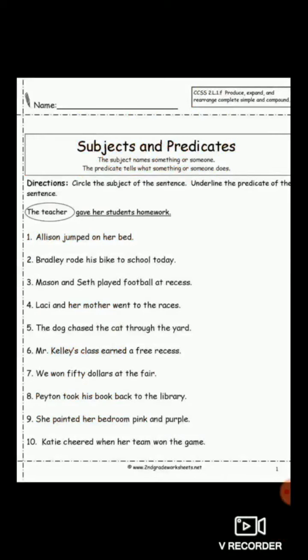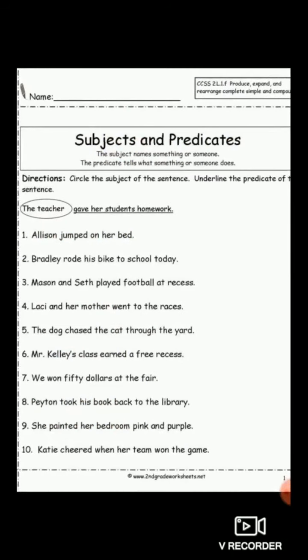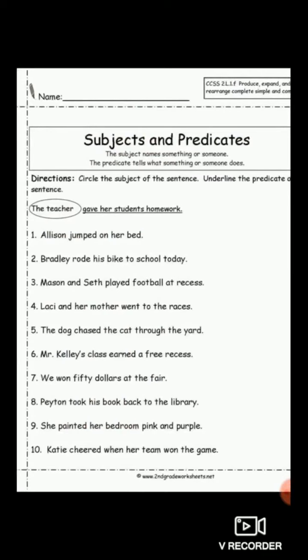See students, now the few examples and exercise are given here. Let's solve this exercise of subject and predicate. We'll underline the predicate, and the remaining part which is not underlined will be the subject. Clear students? Now the first one is done for you all. The teacher gave her student homework. Obviously, the teacher is the naming part, so that is the subject.